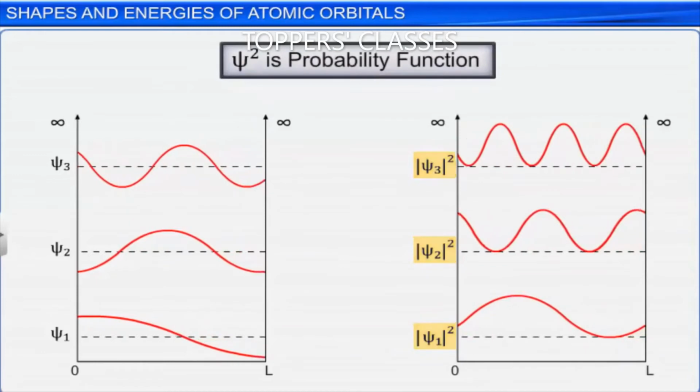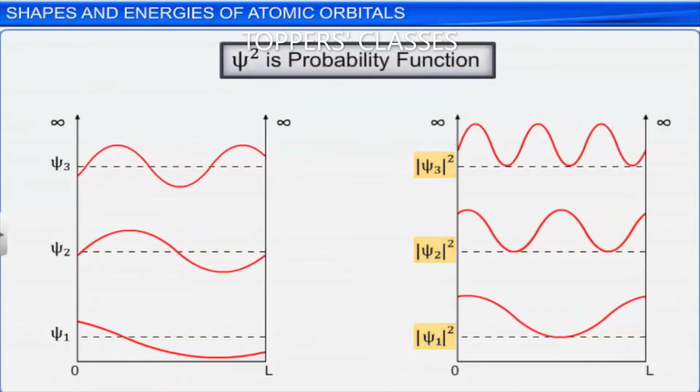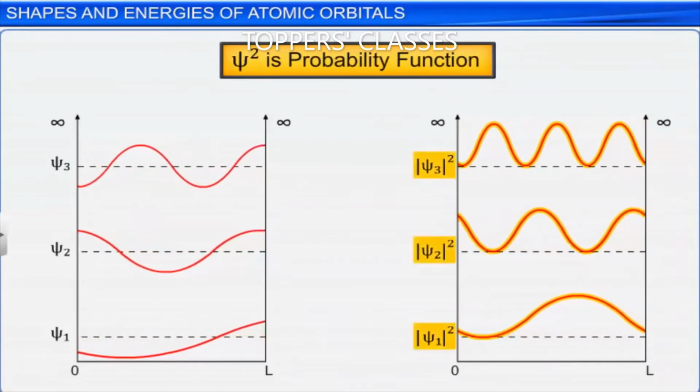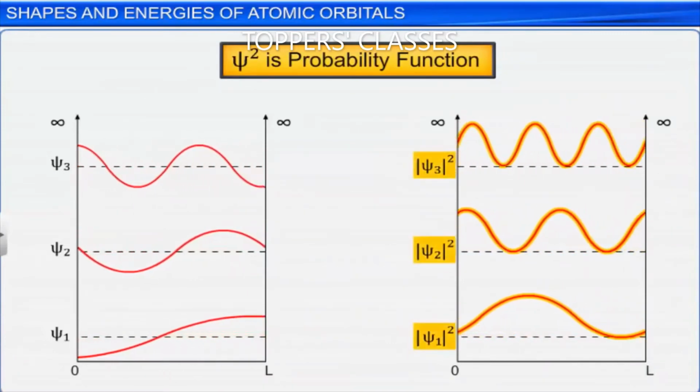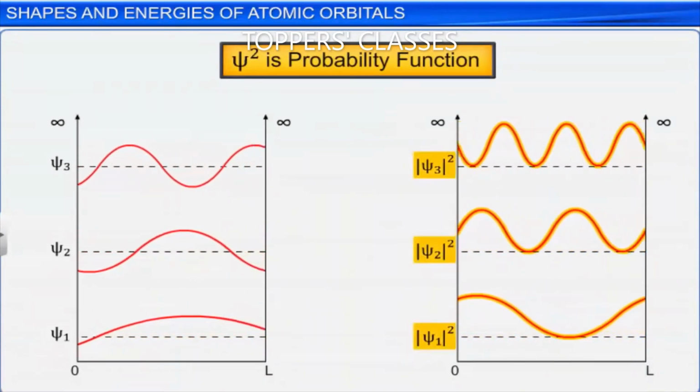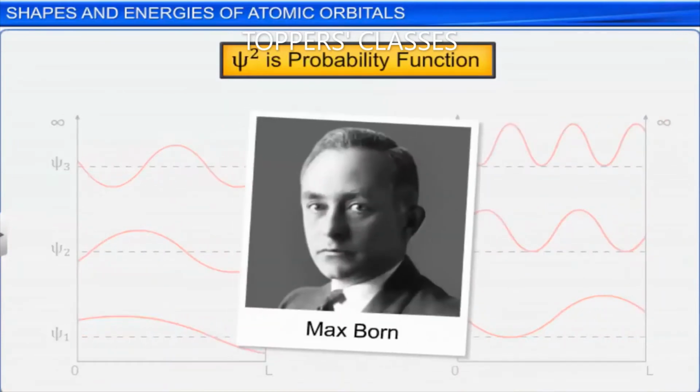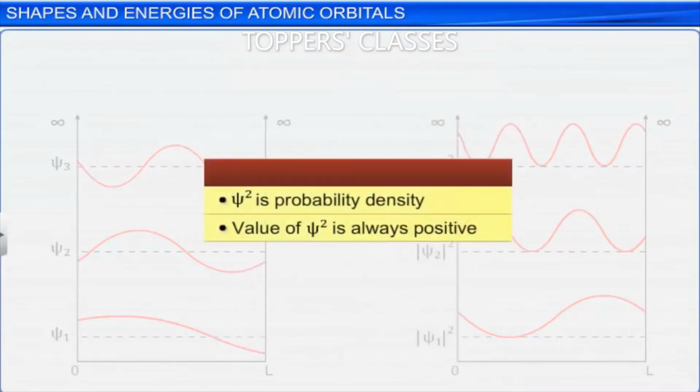Therefore, the square of the amplitude of the electron wave, that is, psi square, gives the probability of finding the electron at a point within an atom. This was predicted by German physicist Max Born. That is why the function psi square is called probability density, and is always positive.